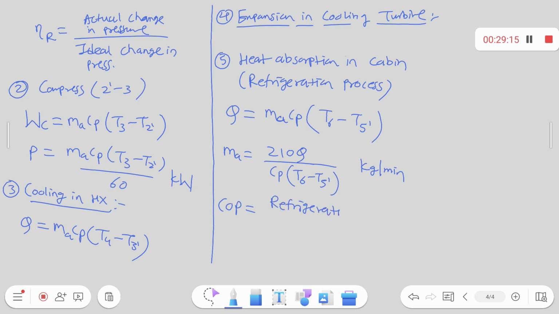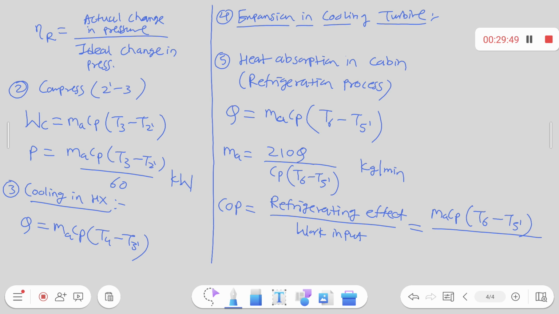Refrigerating effect divided by work input. What is refrigerating effect here? Refrigeration process, heat absorption. What is that? MACP into T6 minus T5 dash divided by work of compressor.